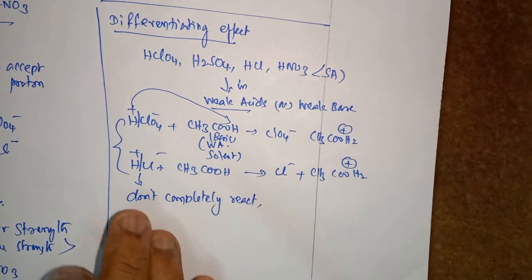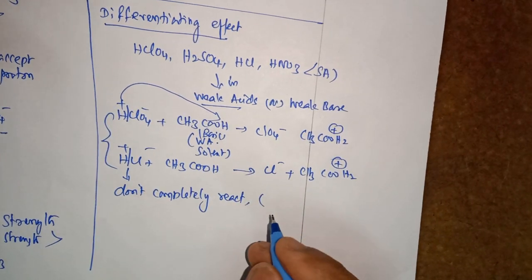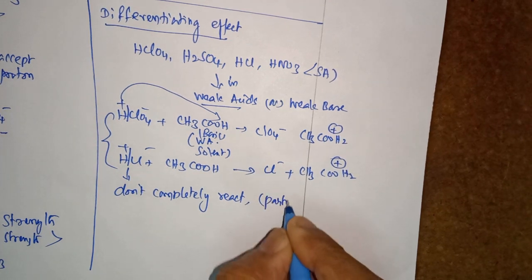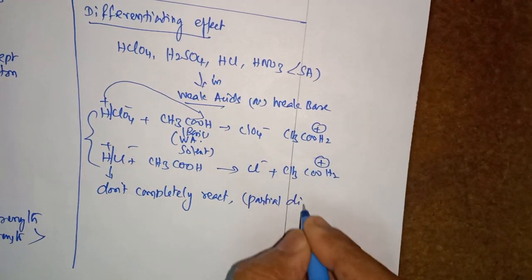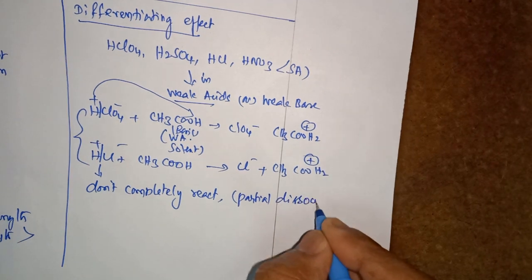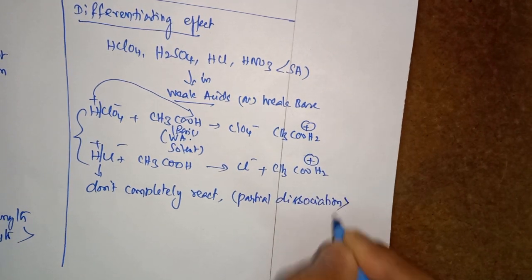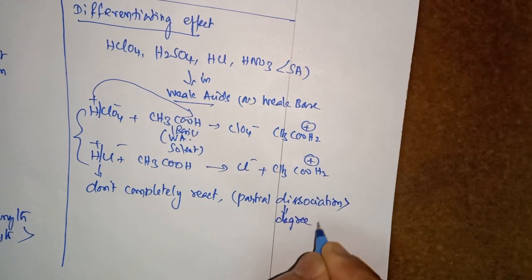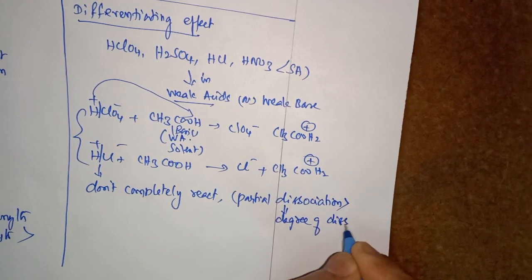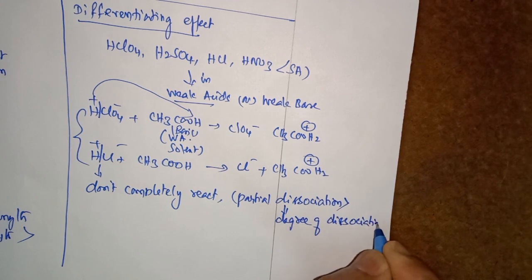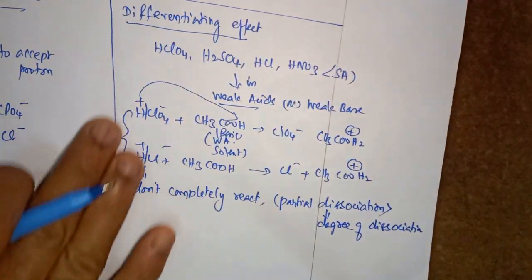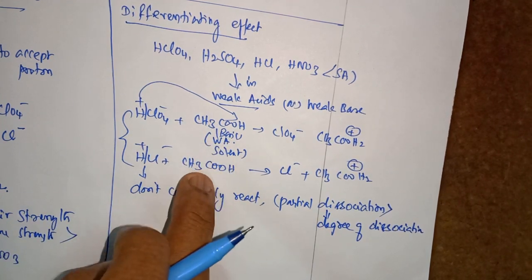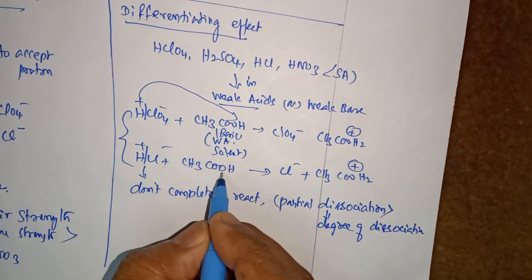If I use the word they do not completely react, that means they undergo partial dissociation. The partial dissociation means that is called degree of dissociation. So they do not react completely with these basic solvents. This is only a weak acid.